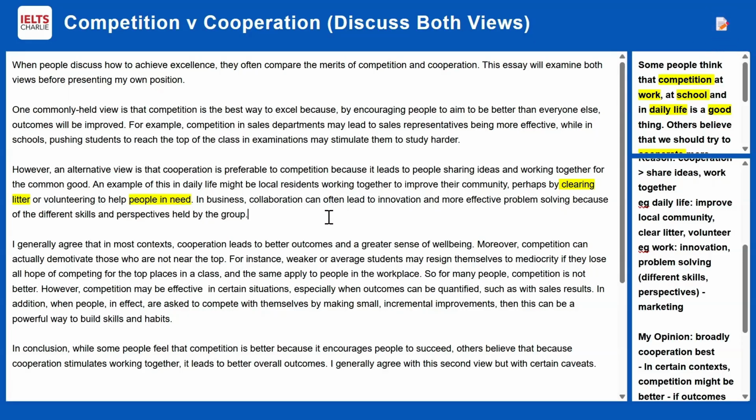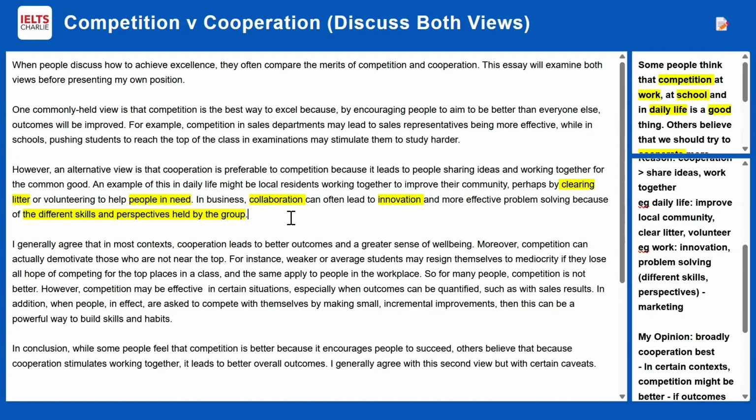In business, collaboration, so here I'm using a synonym of cooperation, can often lead to innovation, which is a very precise word, and more effective problem solving because of the different skills and perspectives held by the group. This phrase here, the different skills and perspectives held by the group, is an example of a complex noun phrase.